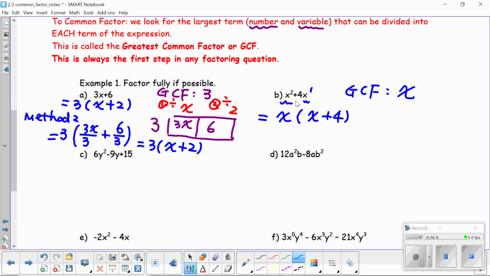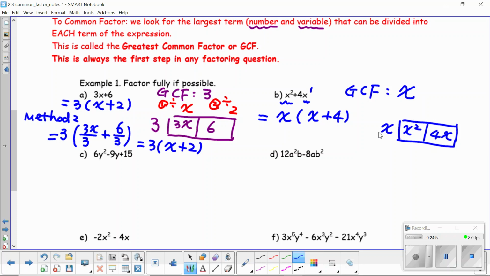So if you don't want to do it this way, you still could draw the box. This one has 2 terms, so we draw a 1 by 2 box. x squared, 4x. The greatest common factor, we put it as one side. Then we find the other side.